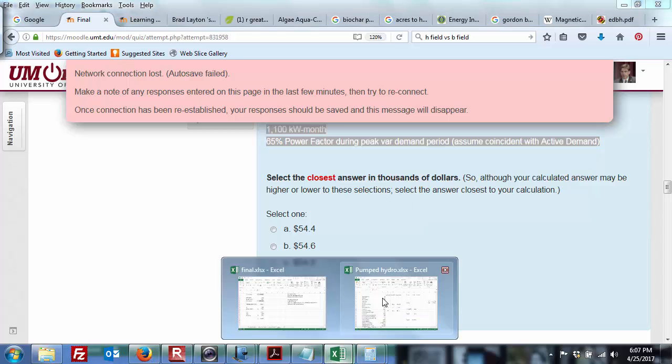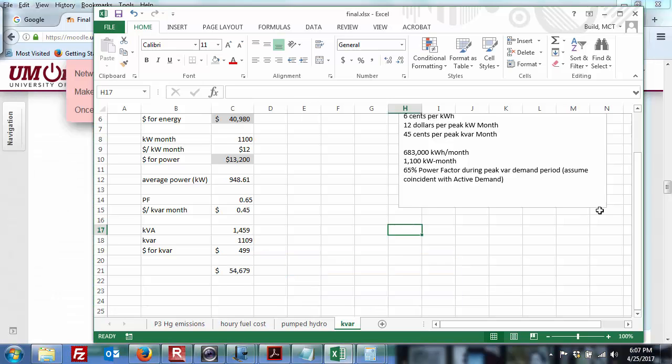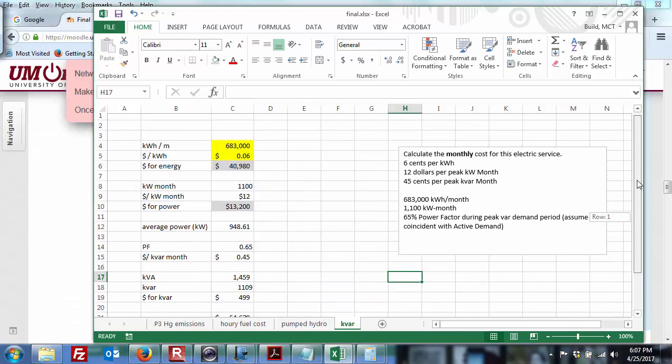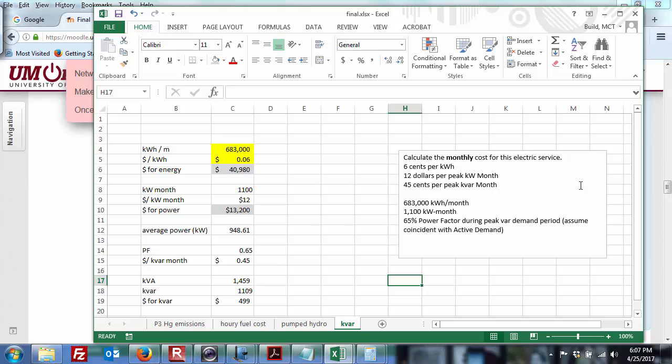So we're going to pay for power, energy, and kVAR. So energy is straightforward. It's just the true power, true energy, times the cost per kilowatt hour. Here's our demand for power, so we're going to have to spend $13,200 a month for power.